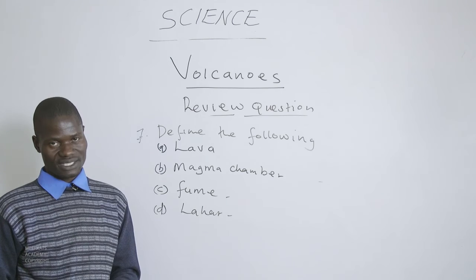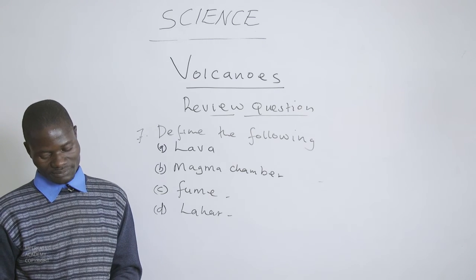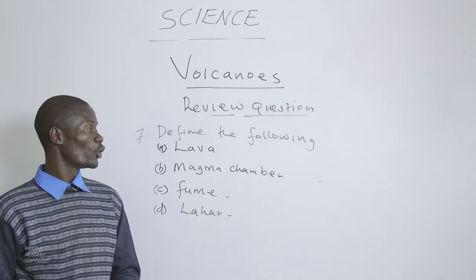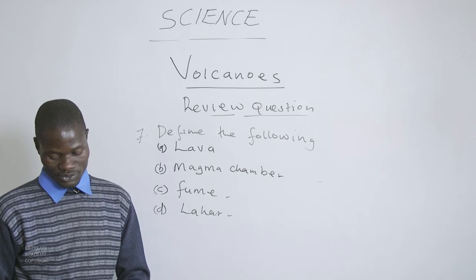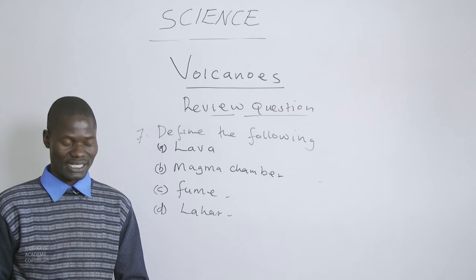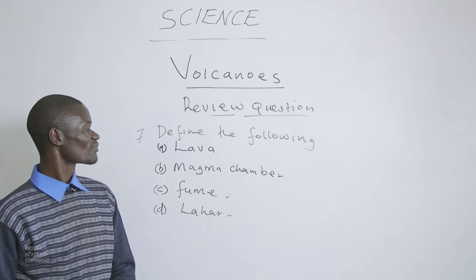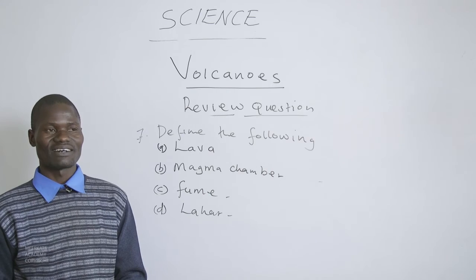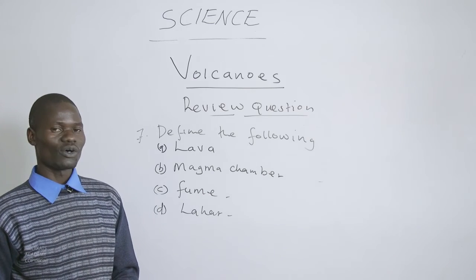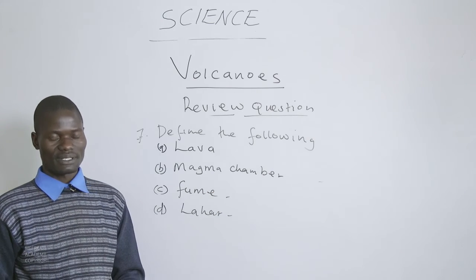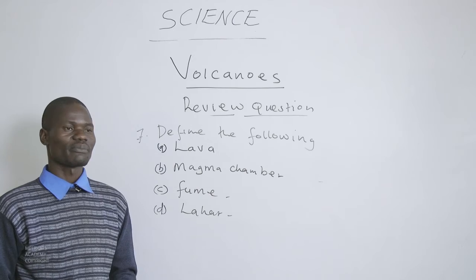Lava. What is lava? Lava is simply molten rock that is flowing on Earth's surface. And where is lava found? Lava originates from the magma chamber. Therefore, what is a magma chamber?